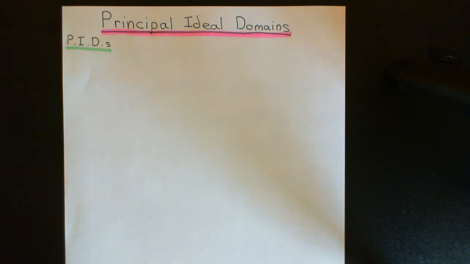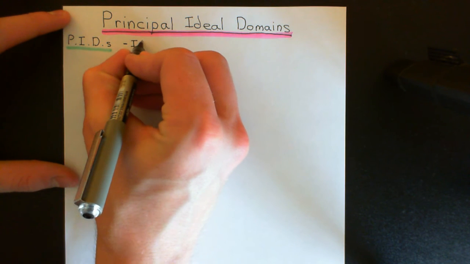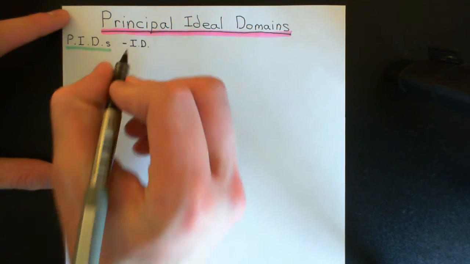A principal ideal domain, first and foremost, is an integral domain. So the first criterion is that we start off with an integral domain, which I'll just abbreviate down to an ID.